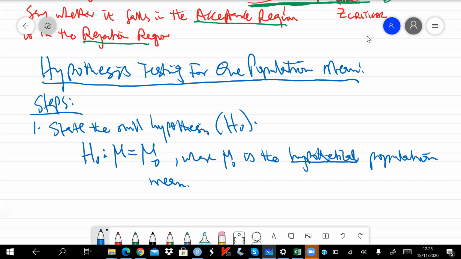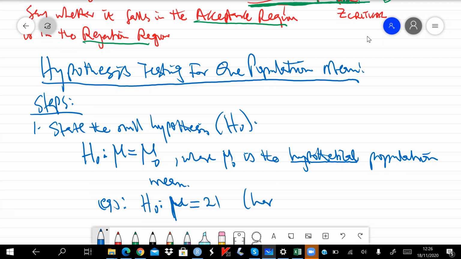For instance, I can make a hypothesis claiming that the mean age of students in this class is 21 years. So if I want to test that hypothesis, I'll say H naught: the mean age of students in this class, mu, is equal to 21.